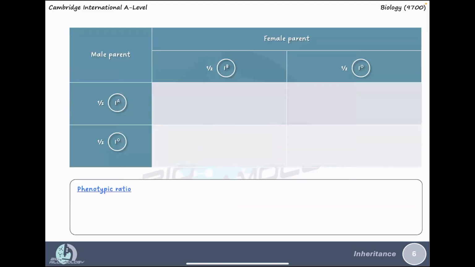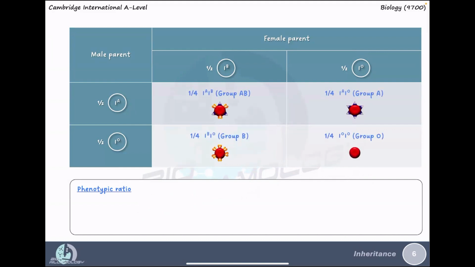Let us look at the probability after the cross. We can see that the offspring, or the children, will have blood group AB, blood group A, group B, and O with equal chance. So what is the phenotypic ratio?